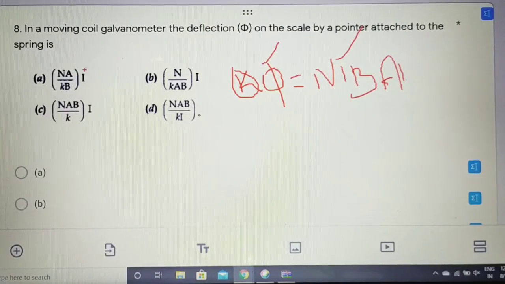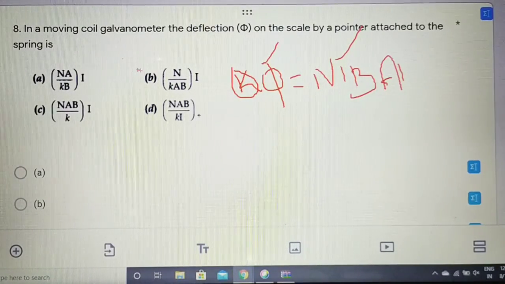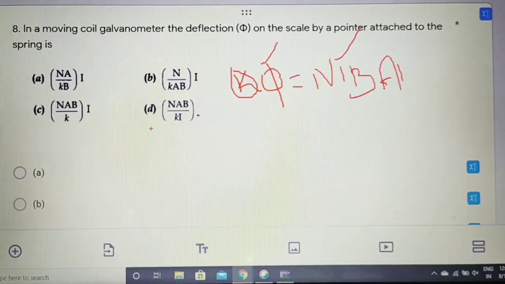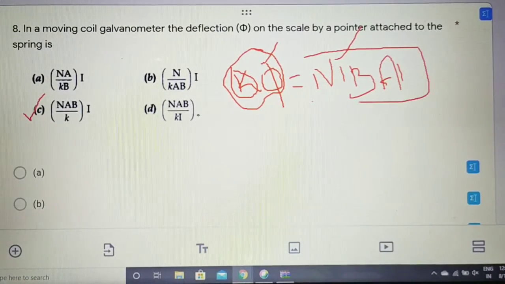So see, from the options, where is this option present? NBA divided by K, and outside the bracket we have I. So this is option number C. See, this is tau. This is the torsional constant term, and this is the value of tau due to the magnetic field, this torque.